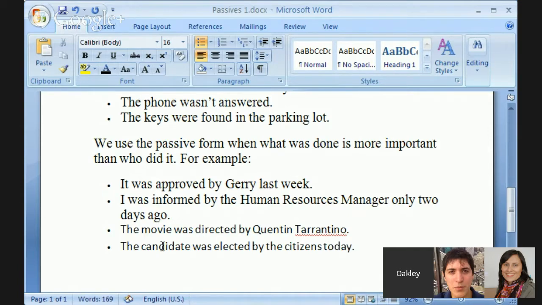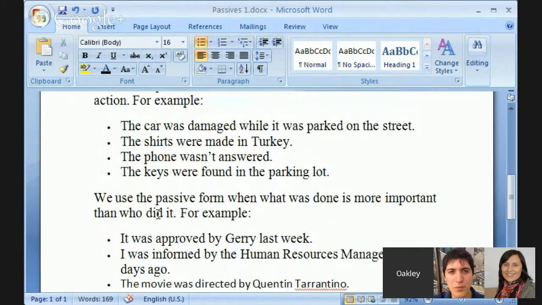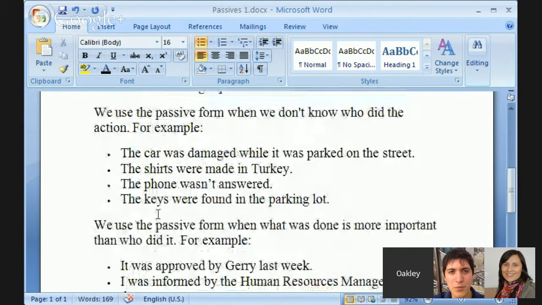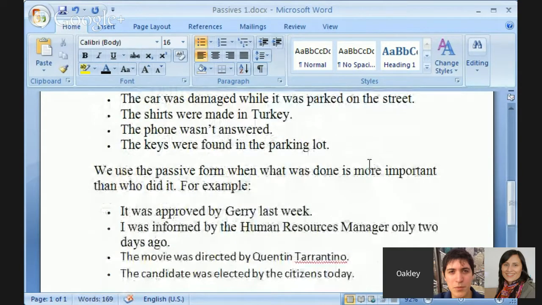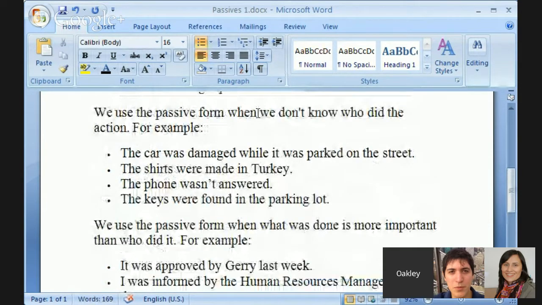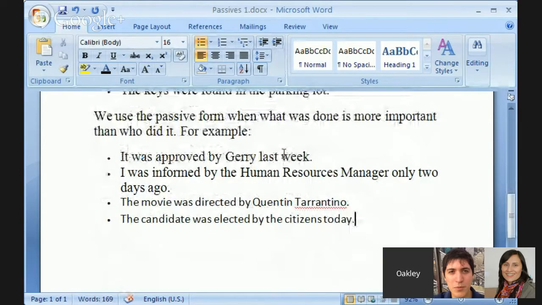Okay, very good. Excellent. All right, you guys are golden here. Great. I would add another possible reason: we don't know who did the action specifically. Sometimes we know who did the action, but not specifically.